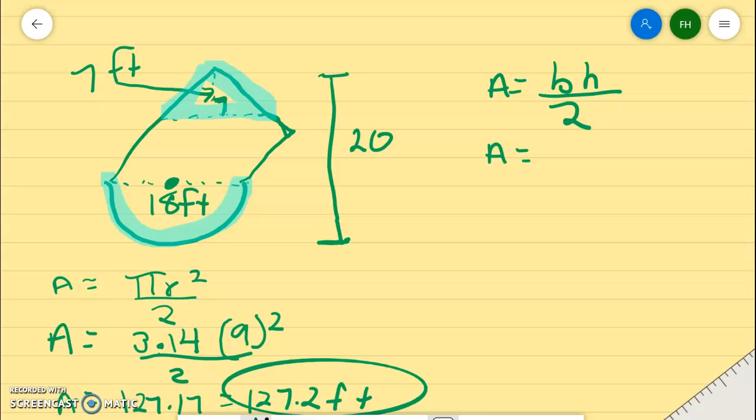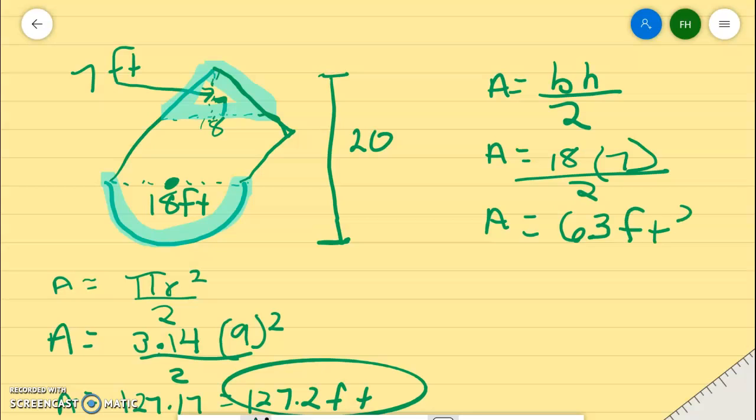Yeah, this is going to be 18 also. So we know the base is 18. We know the height, that little dotted line in the center of the circle, is 7. So 126 divided by 2. So the area of the triangle is 63 square feet.